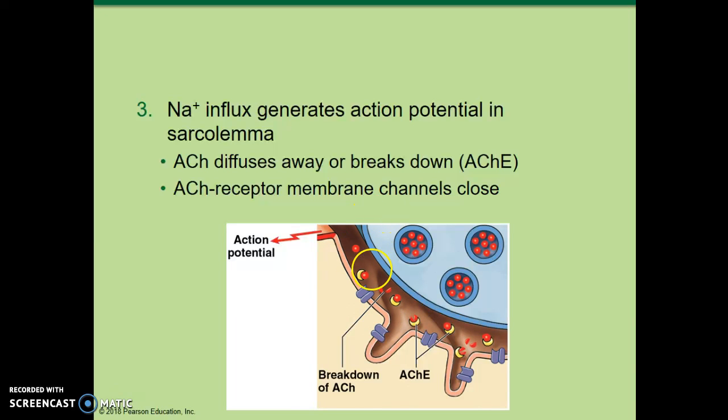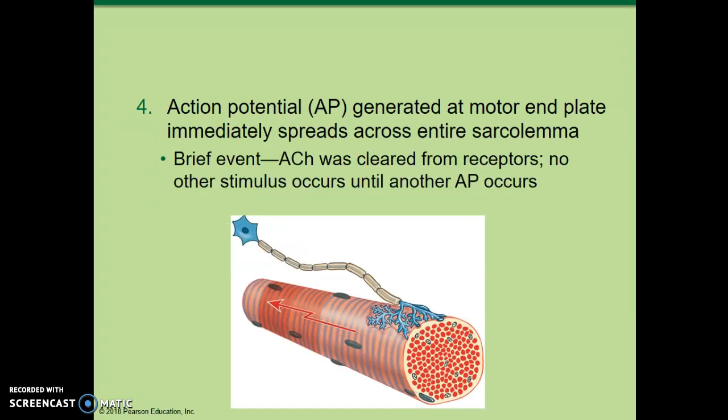Now, the acetylcholine has to be removed from the receptors so that those receptors can close, and the acetylcholine is removed by the enzyme acetylcholinesterase. The action potential is generated at the motor end plate. It spreads across the entire sarcolemma.